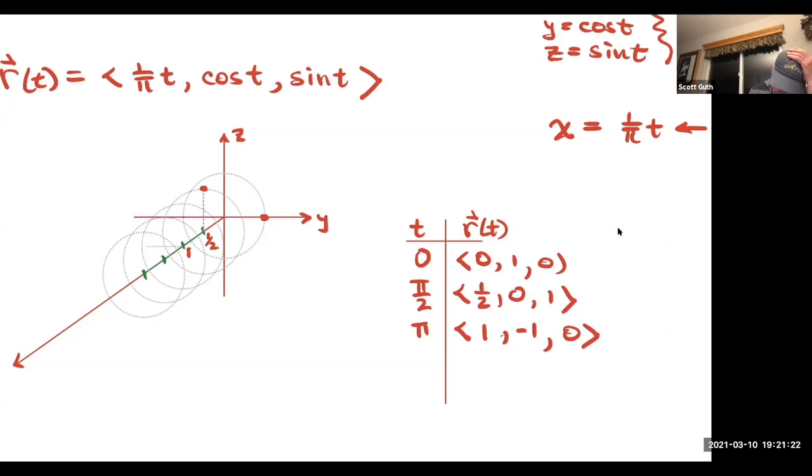Let's see if we can make that horizontal, to there, maybe. Make sure I got the right circle. 1, 2, 3, yeah. Okay, so right there.